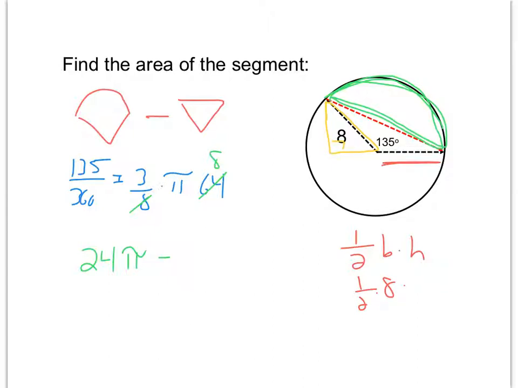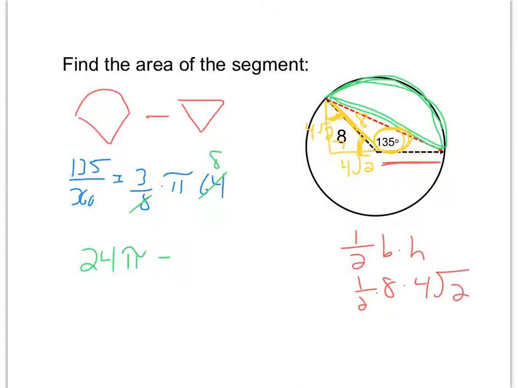That's a 45-90 right triangle, because this is 135, which means this angle right here must be 45, which means that angle is 45. The hypotenuse is 8. So each of these legs is going to be 4√2, which means most importantly now my height is 4√2.